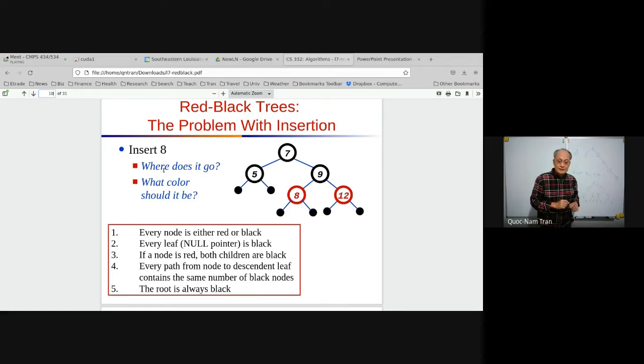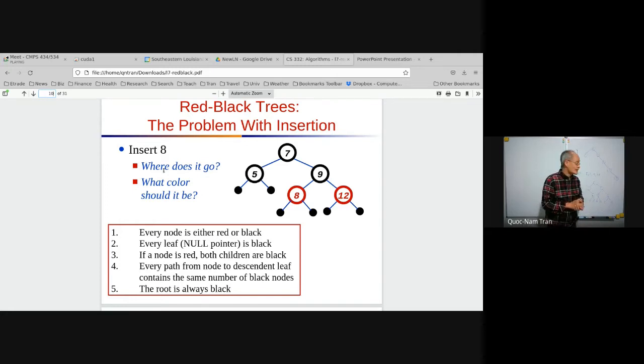These two black nodes have no value, which means they have no pointers. In other words, they are the leaves.